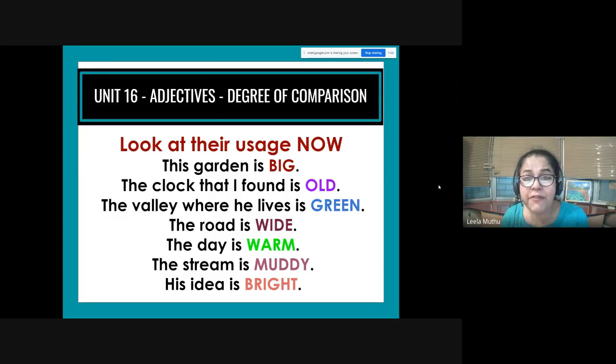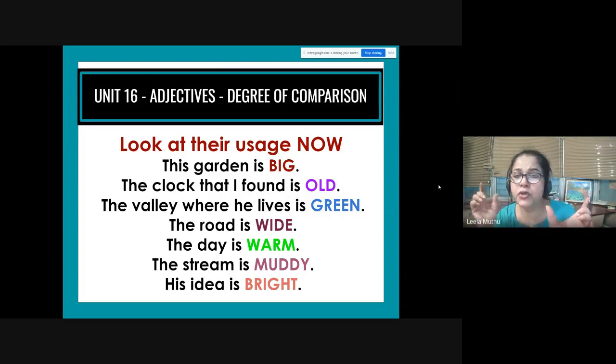The clock that I found is old. Now, we are talking about the clock. It is still describing the clock, but as you have noticed, the adjective is coming at the end of the sentence, in the predicate part of the sentence, or it is found way after the noun, not before it. Now, this garden is big.